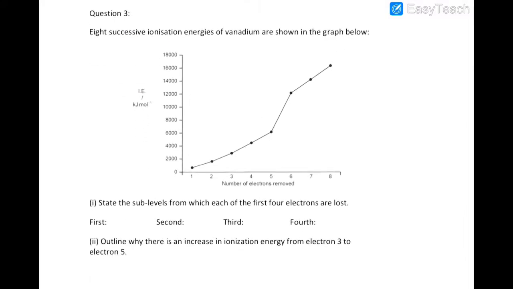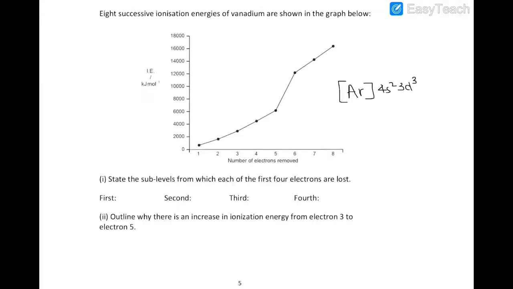Let's look at this one. So you have ionization energies of vanadium. You have to state the sublevels from which each of these first 4 electrons are lost. So let's write the electronic configuration of vanadium. The first electron is removed from the 4s. Second is from the 4s.